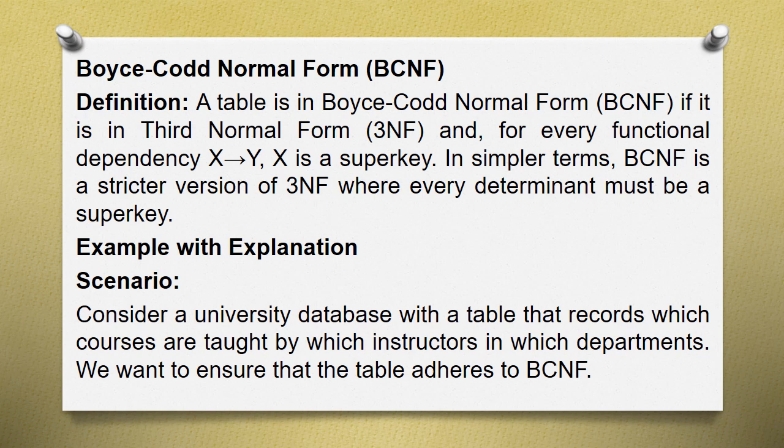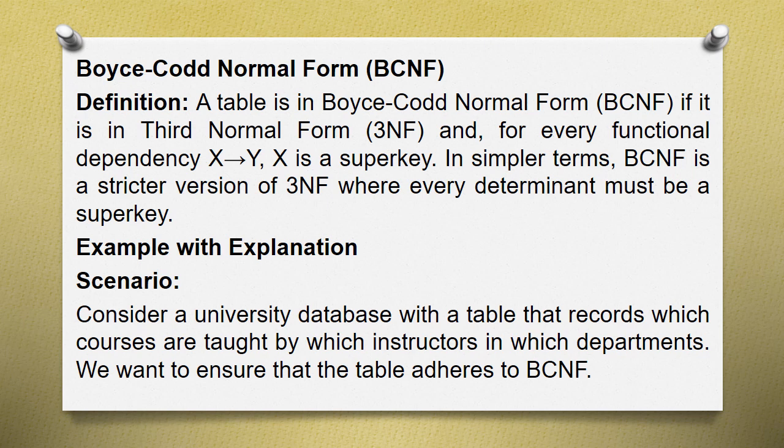So there are two conditions for Boyce Codd. Number one, the table or data should be in third normal form. Number two, the determinant must be the super key, right? We know this Boyce Codd normal form as 3.5 normal form also, right? Because it is the stricter version of third normal form.